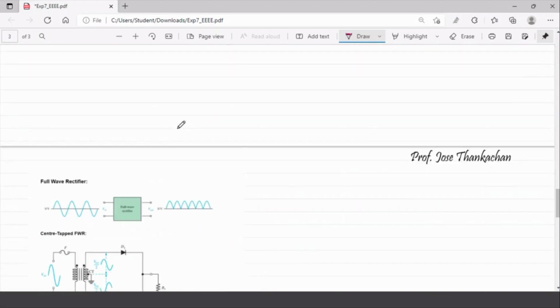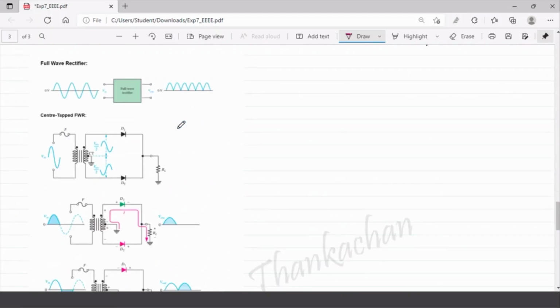Now this is the half wave rectifier. What happens in a full wave rectifier? In a full wave rectifier, not only the positive half but the negative half is also being converted into a positive quantity. So this is your sinusoidal signal with positive half and negative half.